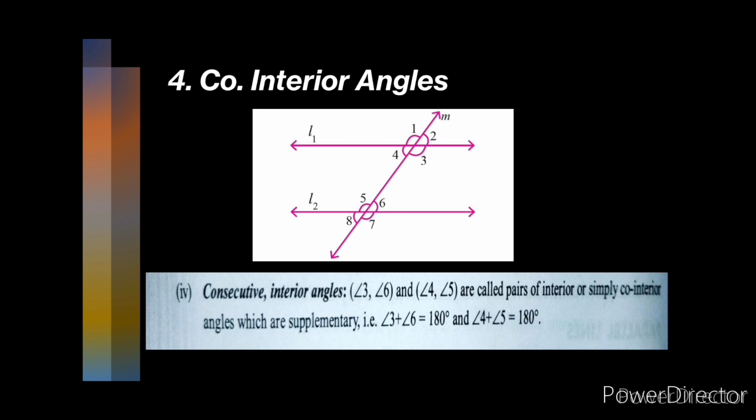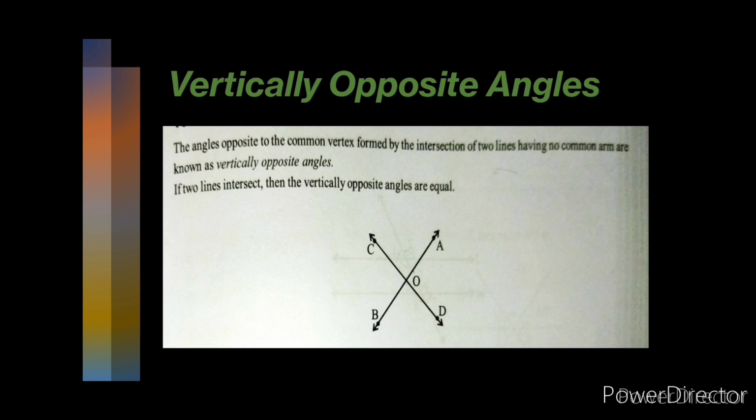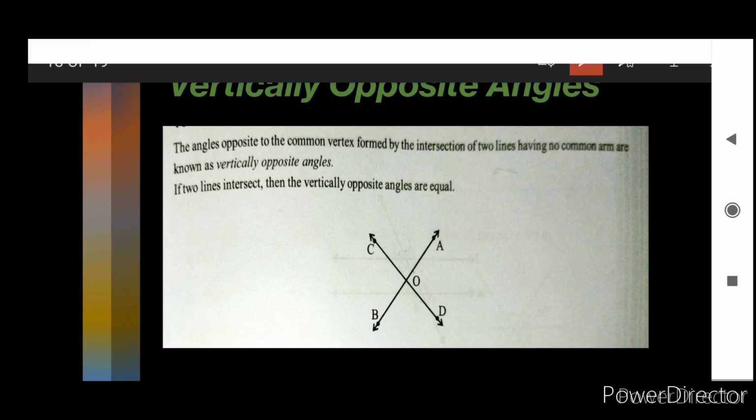Let's move to our next topic, vertically opposite angles. So what are vertically opposite angles? When two lines intersect each other, at the intersection point some angles are formed, right? So their opposite ones are equal to each other.